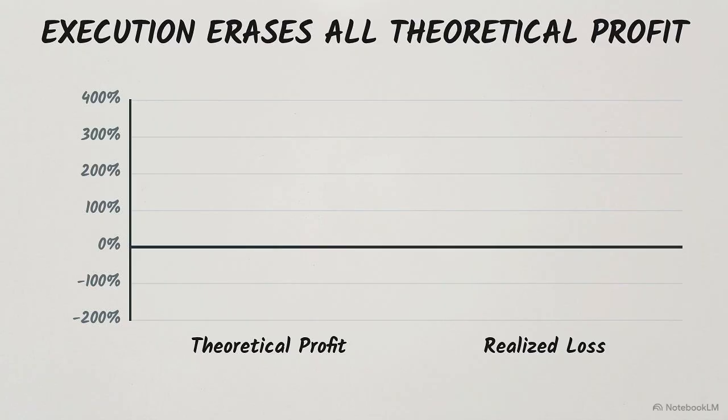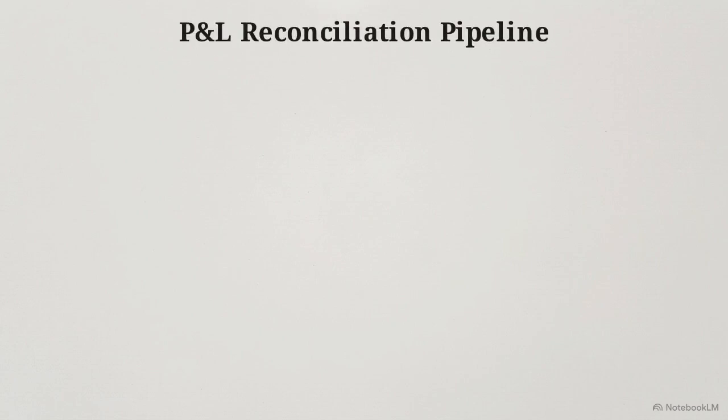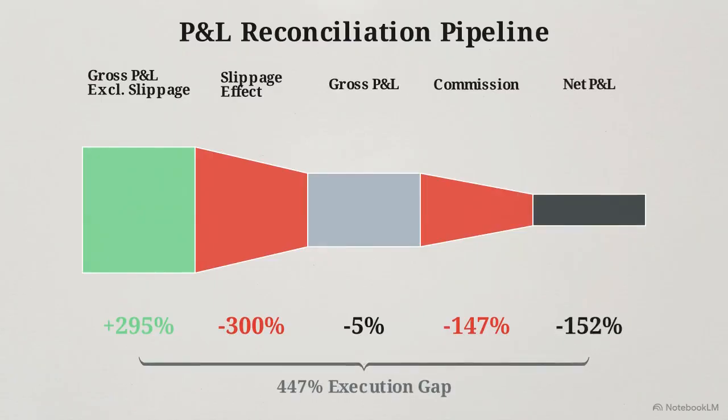Looking at the unweighted percentages, this specific strategy generated a theoretical profit of 295.30%. Yet by the time the trade settled, it resulted in a final realized loss of negative 152.54%. To understand where over 400% of that performance vanished, we run the data through a 5-step P&L reconciliation pipeline.